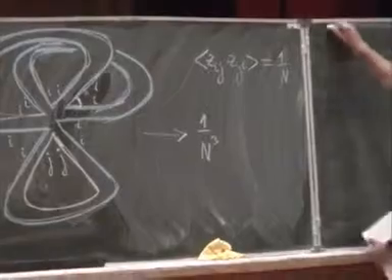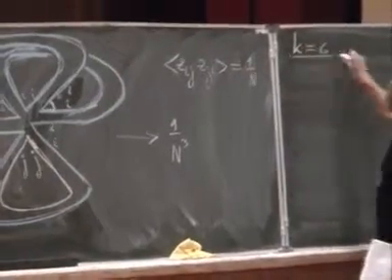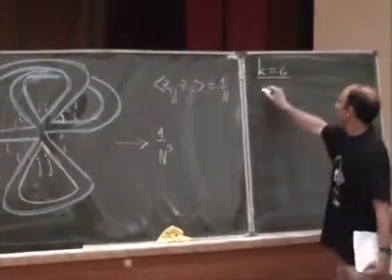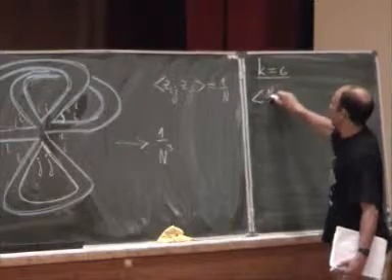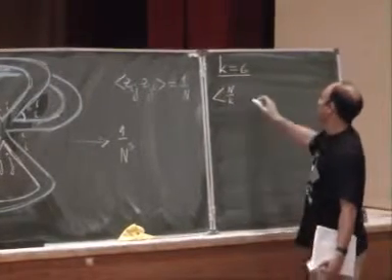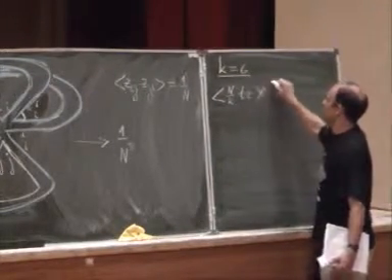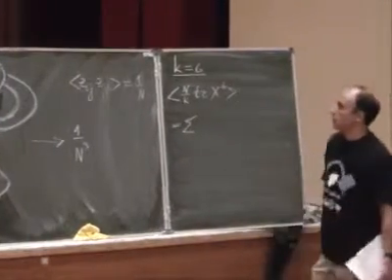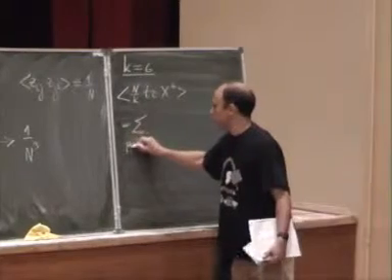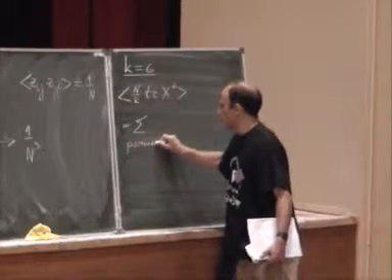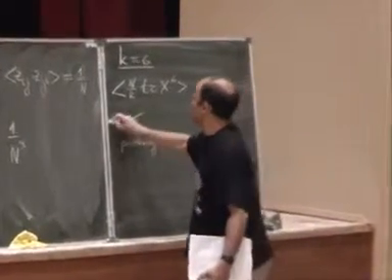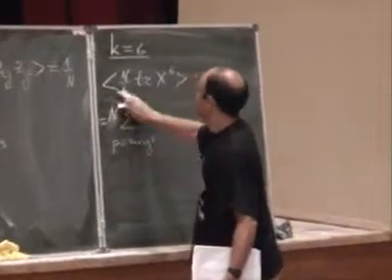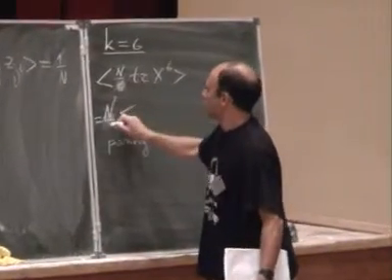In this picture, let us take k equals 6. The expectation value of n over k trace x to the power 6 is equal to the sum over pairings of streets. First of all, I think I should put n over 6 here.